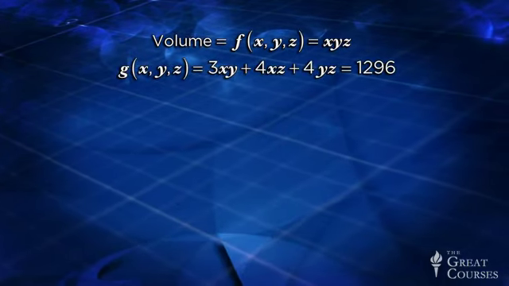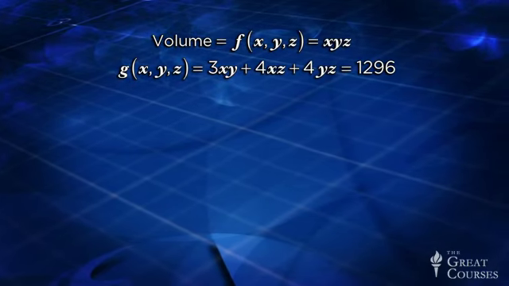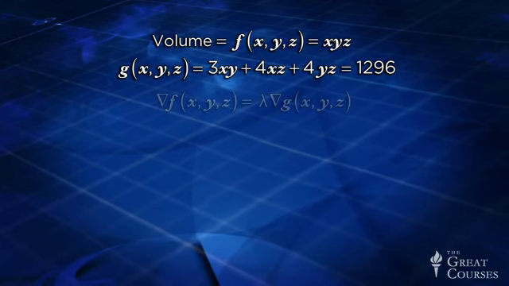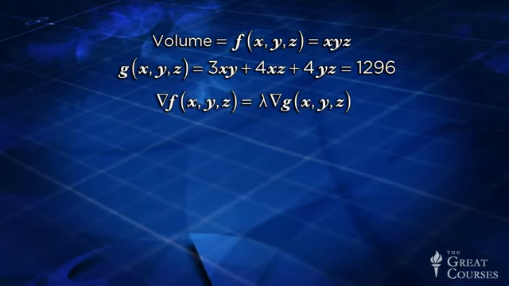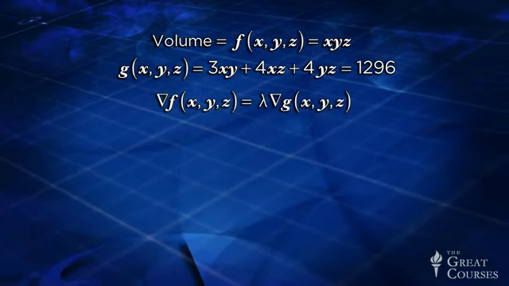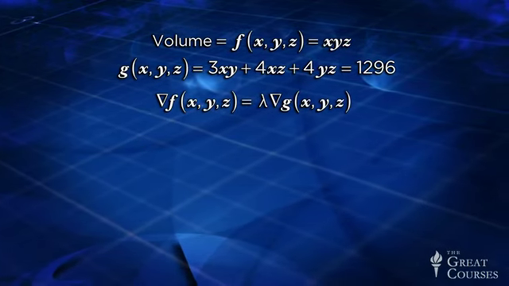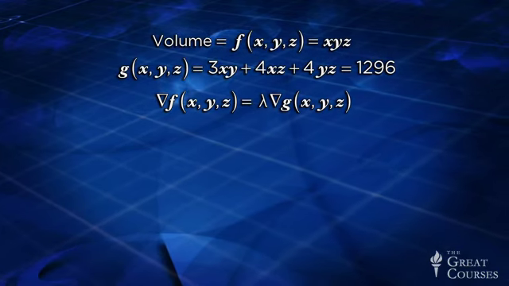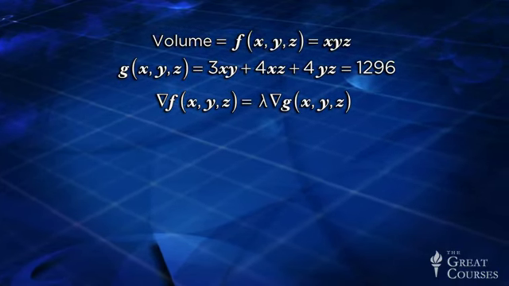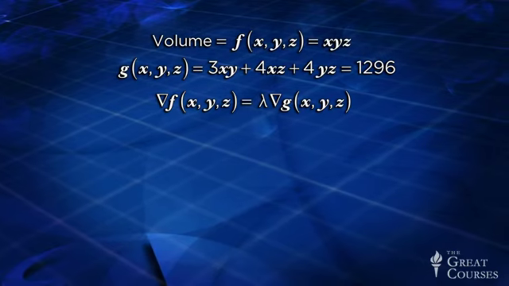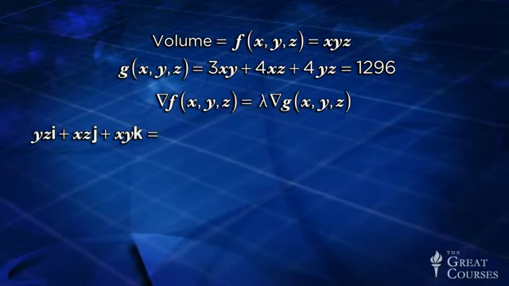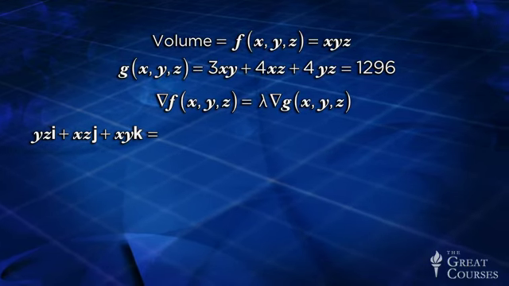All right, we've got our function, we've got our constraint. Let's do Lagrange multipliers. Take the gradient of f and set it equal to lambda times the gradient of g. Well, what's the gradient of f? Well, we have to differentiate each piece. Now, f is equal to xyz. So the i component would be the partial of xyz with respect to x. So that's yz.